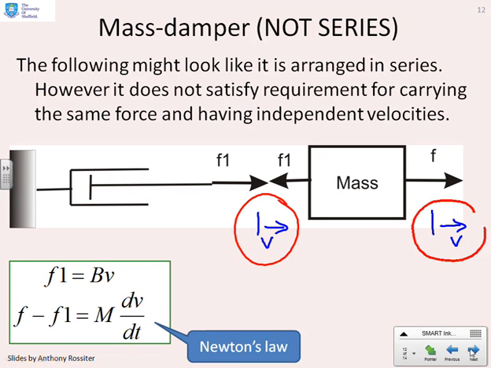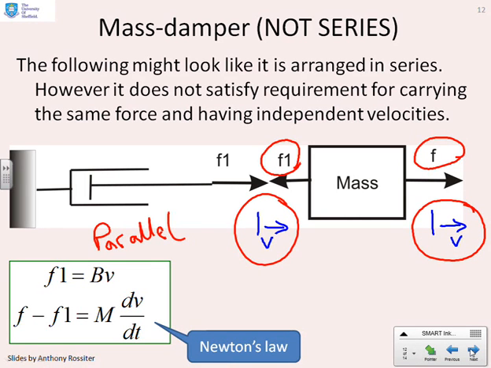They are not independent. The next thing you might like to ask yourself, well, let's look at the forces. And you notice the force on one side of the mass is F, on the other side is F1. So in fact, the force F is being distributed between the mass and the damper. And so this, although it might not look like it at first sight, is a parallel arrangement.